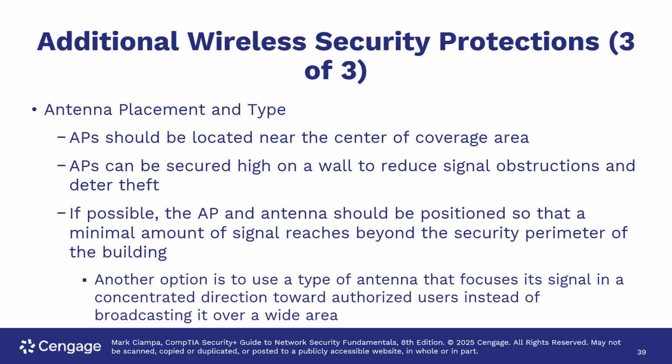If possible, the access point and the antenna should be positioned so that a minimal amount of signal reaches beyond the security perimeter of the building, again allowing it to bleed out to the outside. Another option is to use a type of antenna that focuses its signal in concentrated directions toward authorized users instead of broadcasting it over a wide area.